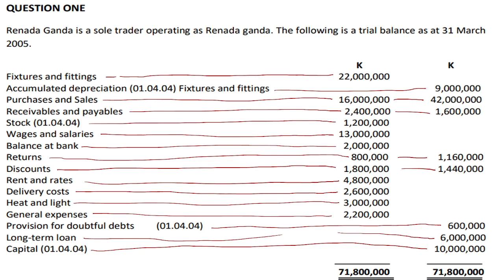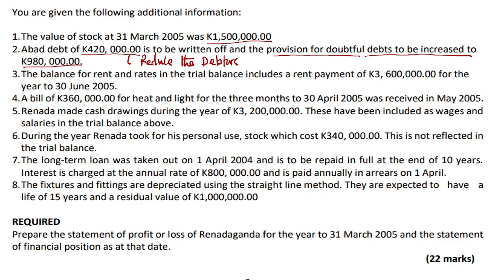Then we are told it had increased to 980. So I'll explain how we treat these things when we are solving this question. How do we deal with an increase? How do we deal with a decrease also? Is that clear? Yes, it's clear.